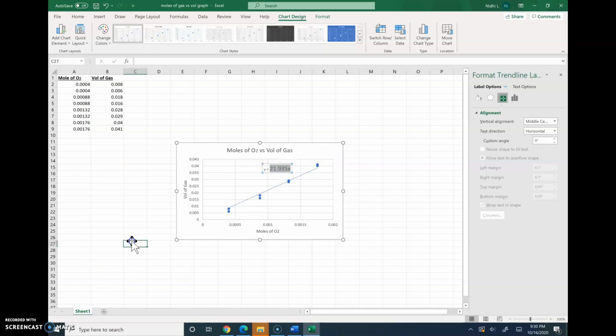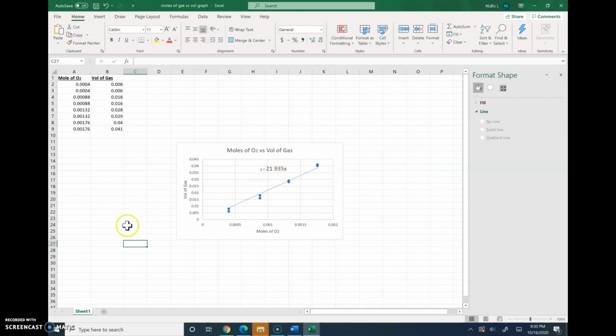That's your y-intercept, and your m right here. You are going to use this. M is 21.935.